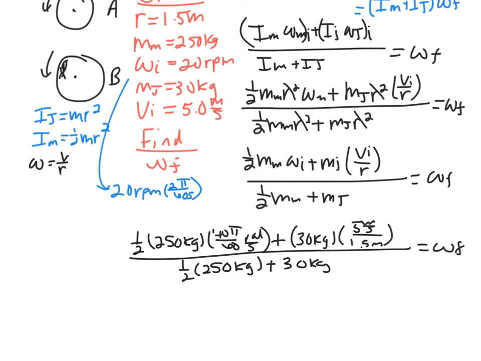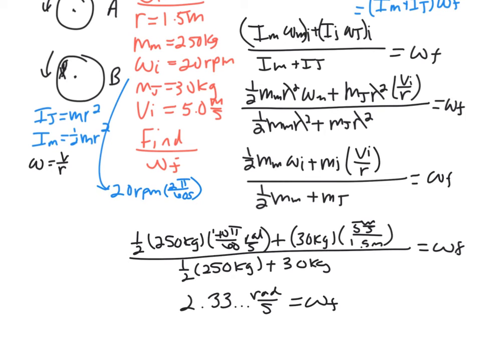Okay, so putting all of this in your calculator and hopefully not making a mistake should get you 2.33, keeps on going, radians per second for omega final.